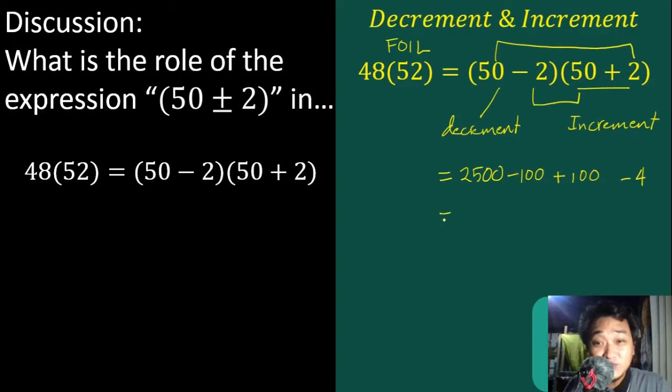And so manonotice nyo na agad na yung gitnang term maka-cancel lang siya because negative 100 plus 100 is equivalent to 0, so we'll just cancel it out, and what is left is 2,500 minus 4, and 2,500 minus 4 is equivalent to 2,496.